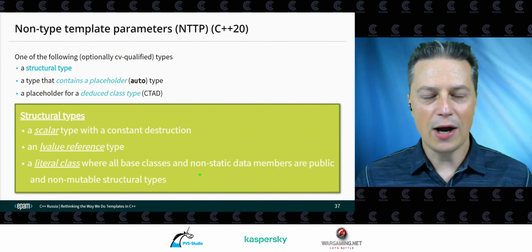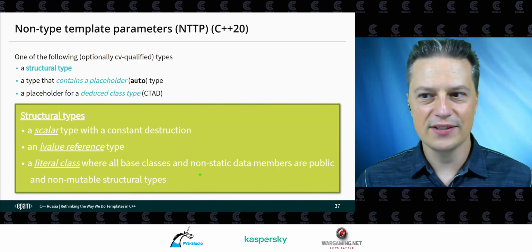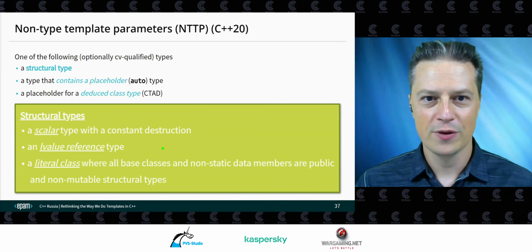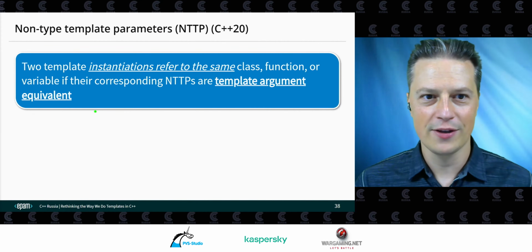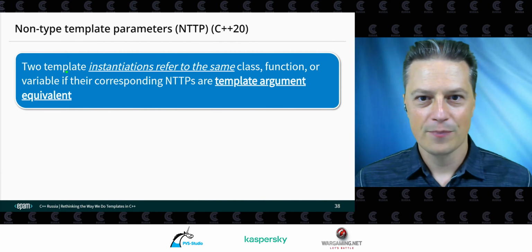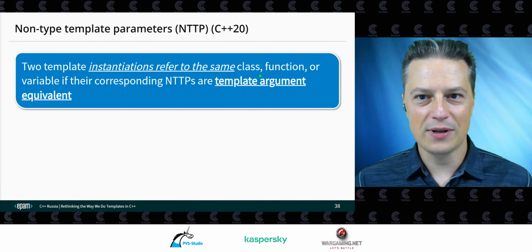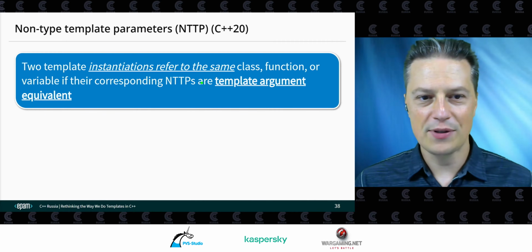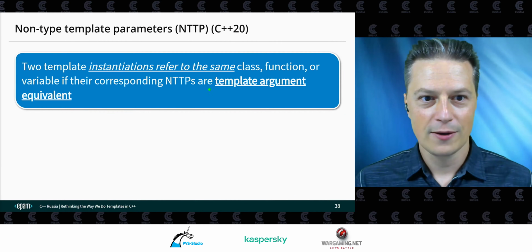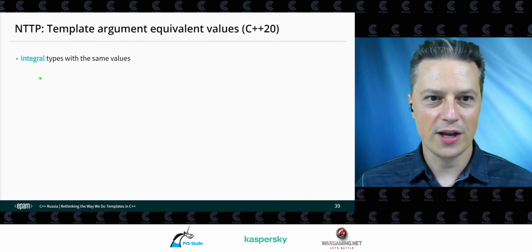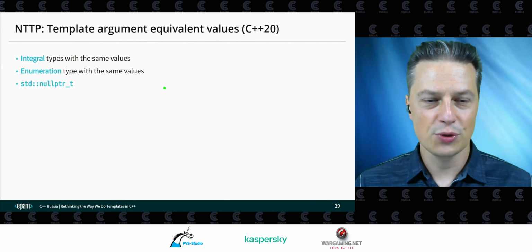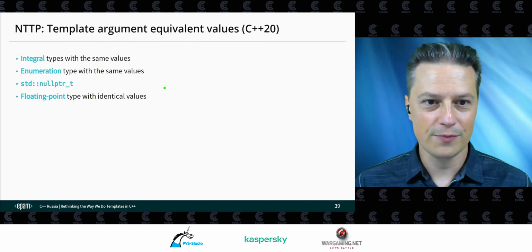It's important to understand how the compiler sees two types as being the same, as being equivalent. For this, a new definition is being introduced called template-argument-equivalent. Two template instantiations basically refer to the same class if they are template-argument-equivalent, and those are the following arguments: integral types, enumerations, std::nullptr_t, floating point, which is new.